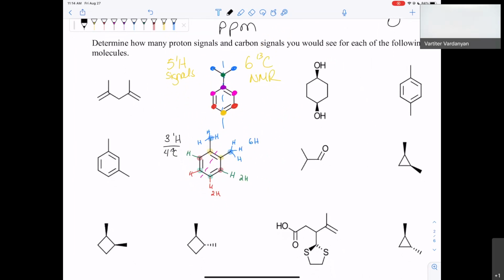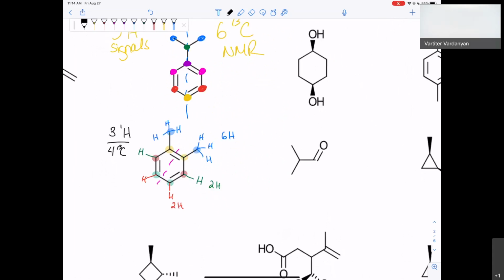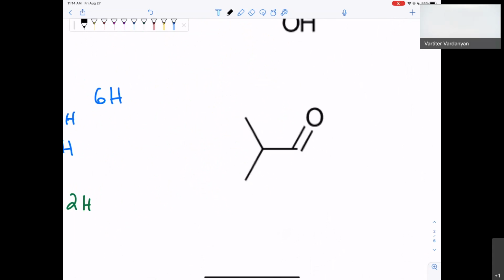The next one we're going to do is kind of a more fun one. All right. So what's the first thing we look for? Symmetry, yes. Does this have any symmetry? Wrong. Haha, I got you. So, yeah, what?